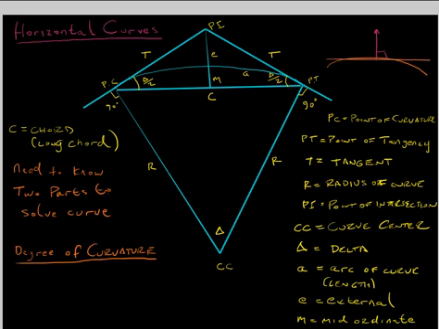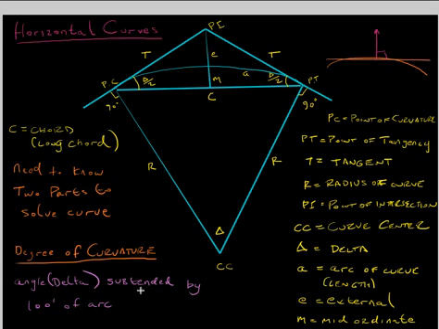The definition of the degree of curvature is an angle, the subtended angle, maybe delta, subtended by 100 feet of arc.